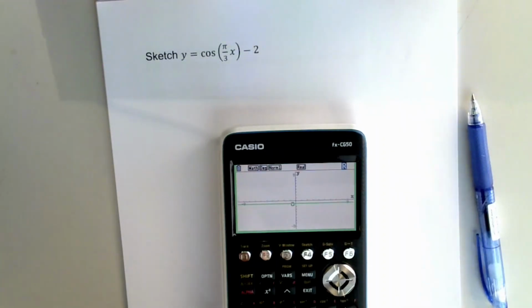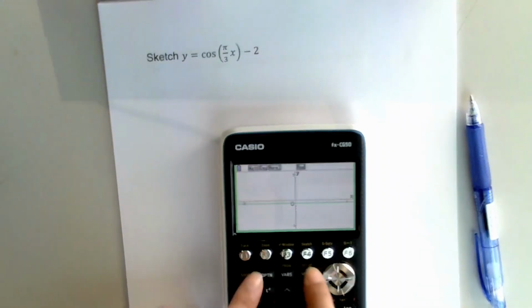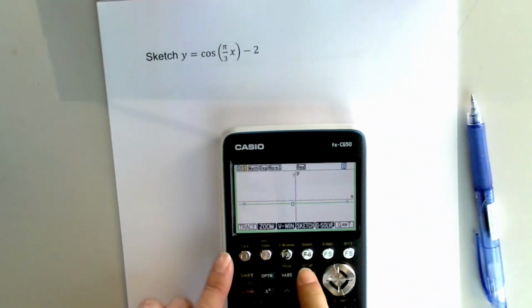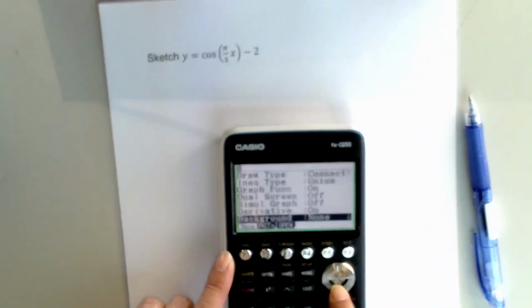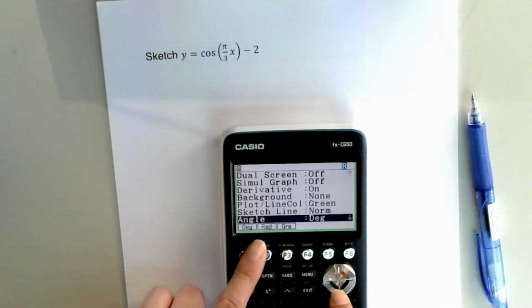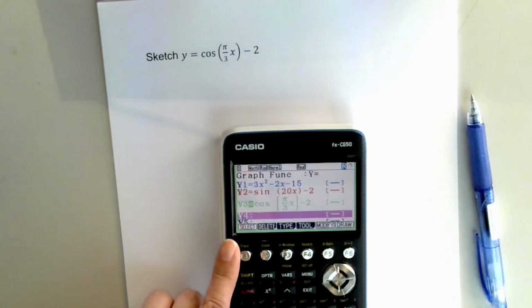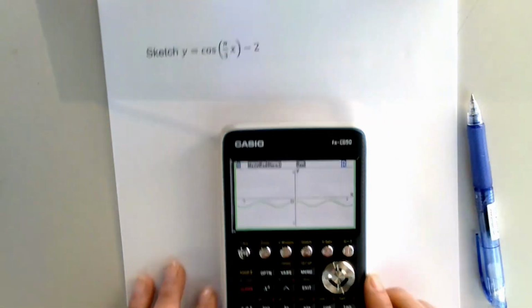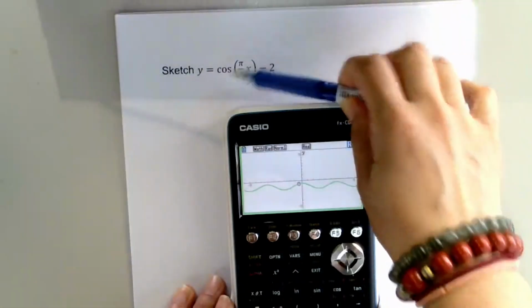What's wrong this time? Radian, there you go. Whenever you see pi, you know this is radian, so you have to change it. Now you got your curve there, because this is with pi, so it is radian.